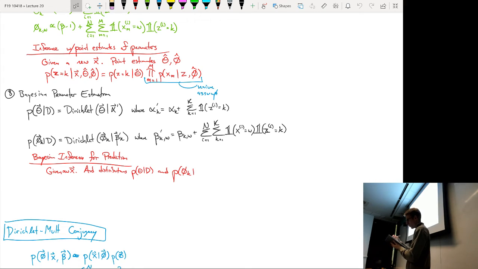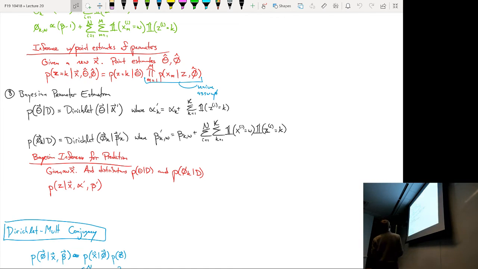And so now, what do we want to estimate? We want to estimate the probability of z given x and the hyperparameters, which are just the alpha prime and the beta prime. And if we do that, what would we find?